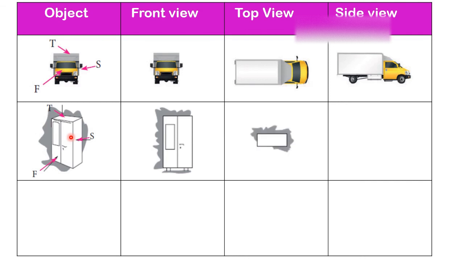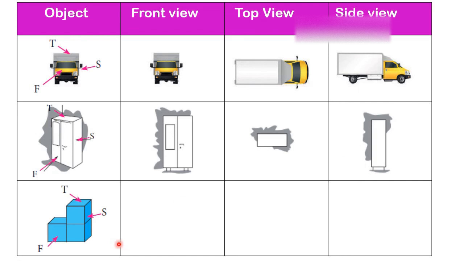Then top view. When we look at this object from the top, we'll see only one rectangle, that upper part rectangle. The same way, when we look at this from the side, this is the side, isn't it? So we'll see this side only. So you have to draw this side alone.